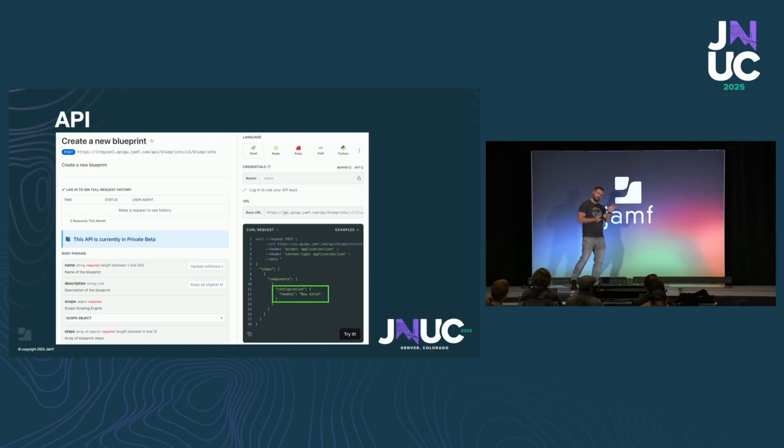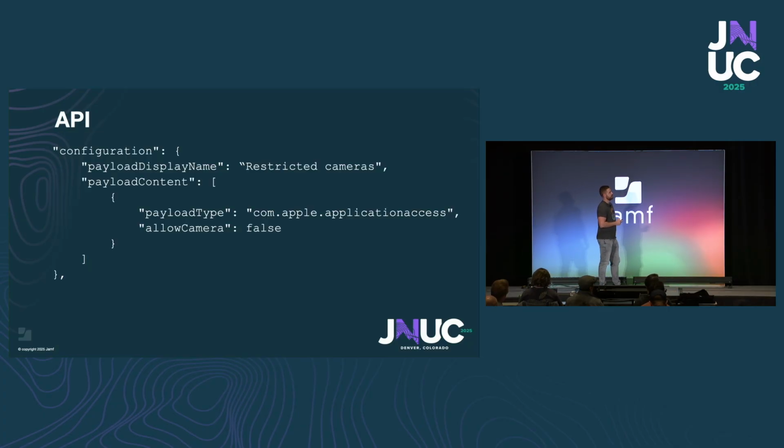So let's take this configuration part, and let's zoom in. To create a blueprint with the configuration profile, within the configuration, you need to put the structure you already know, because within the configuration, you have first top-level keys like payload display name, which is the config profile name. Here we are naming it restrict camera.